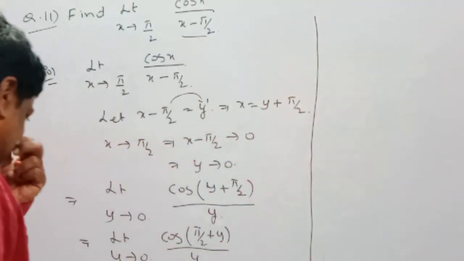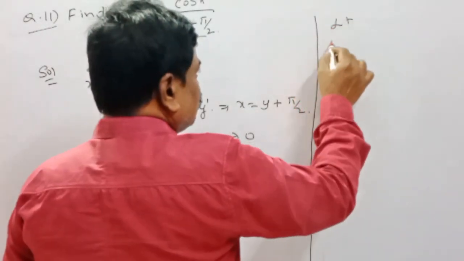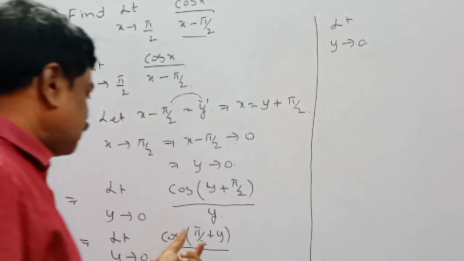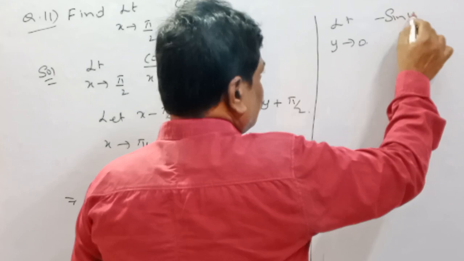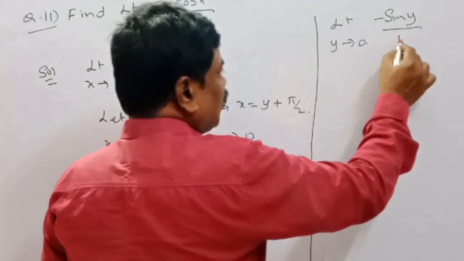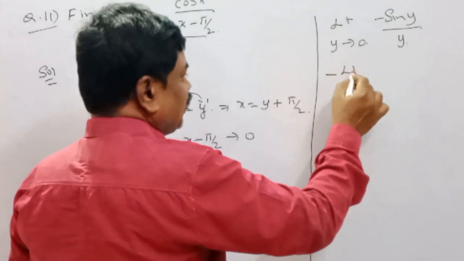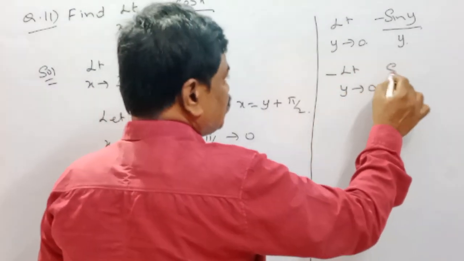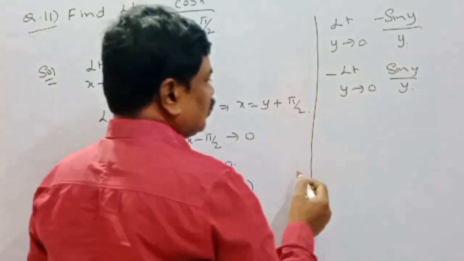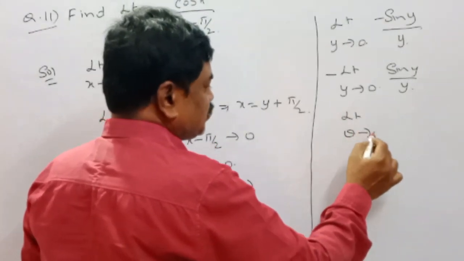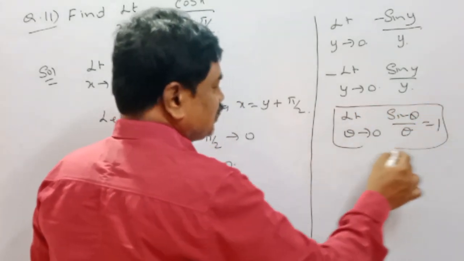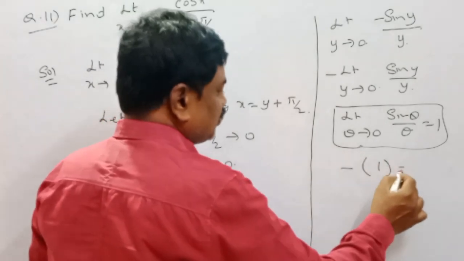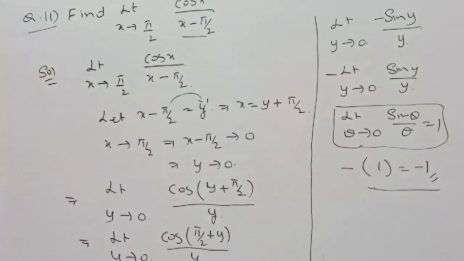Then we can write cos of pi by 2 plus theta as minus sin theta, so minus sin y by y. So minus the limit as y tends to 0 of sin y by y. The limit as theta tends to 0 of sin theta by theta is equal to 1. By using this formula, minus of 1 is equal to minus 1, which is the answer. Thank you.